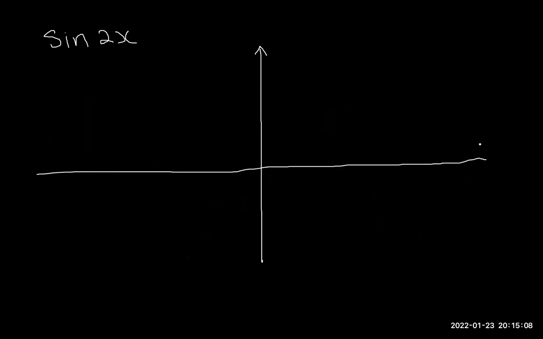But say I have sine of 2x. Just now I had sine of x, now I have sine of 2x. What would that graph look like? That was a rhetorical question.